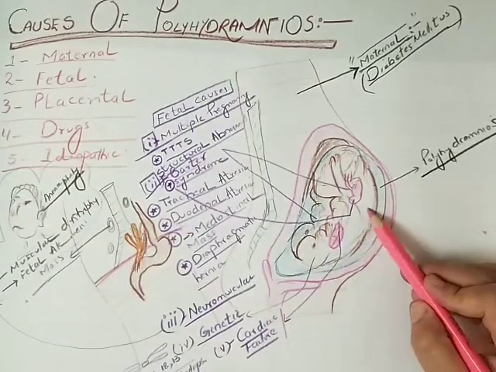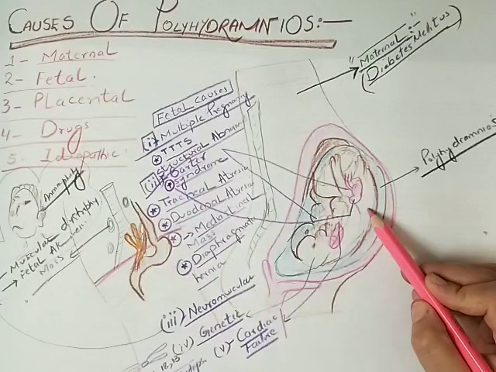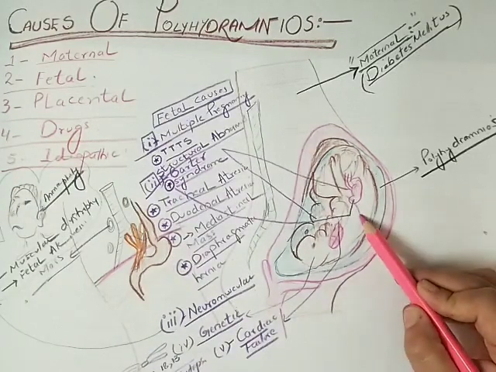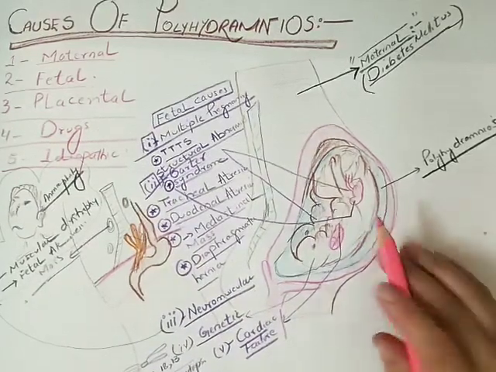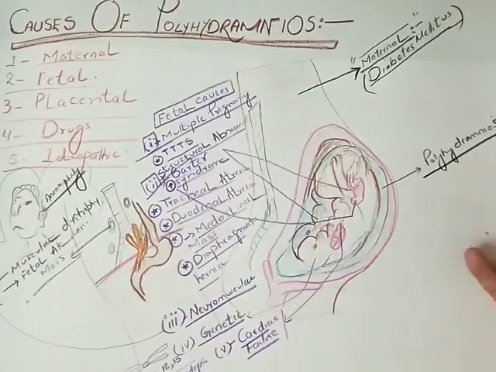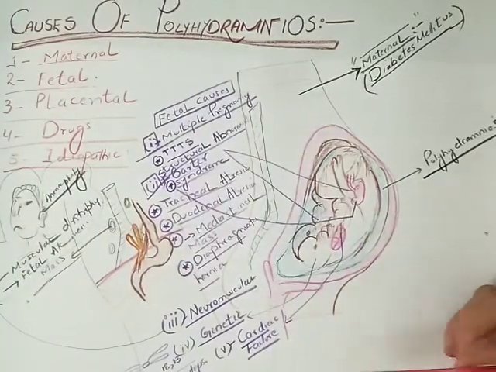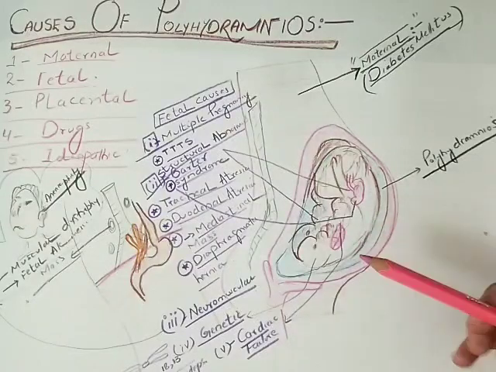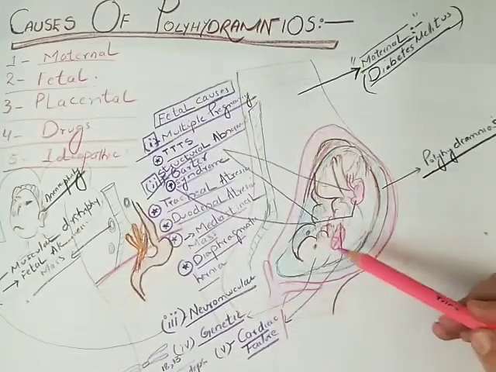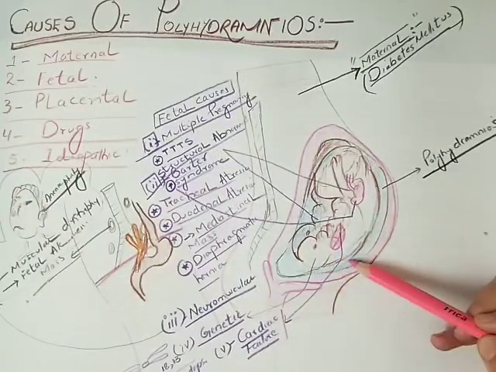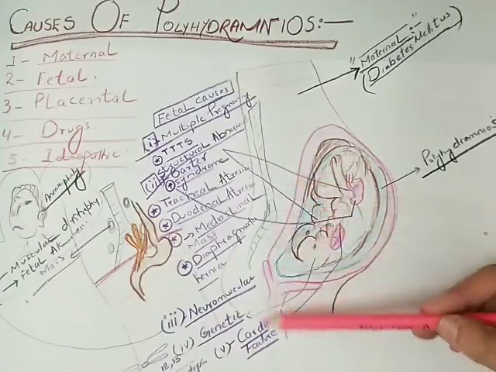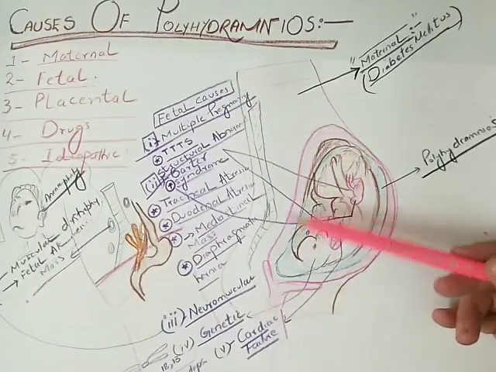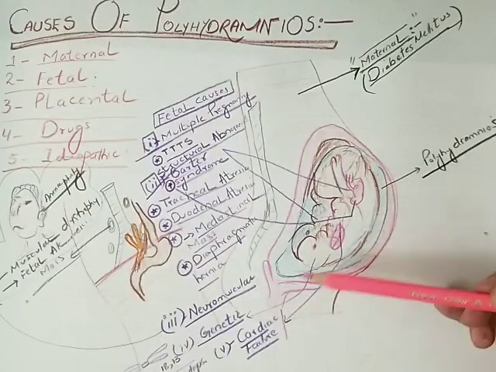G6PD deficiency in the fetus can cause the cardiac failure. Alpha thalassemia and fetal-maternal hemorrhage due to RH incompatibility and many other causes. These can cause the cardiac failure, and that in turn can lead to polyhydramnios. So whenever there is polyhydramnios, we have to keep all these things in mind, that there can be any cause like that.